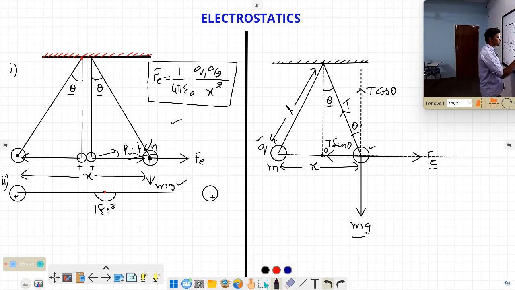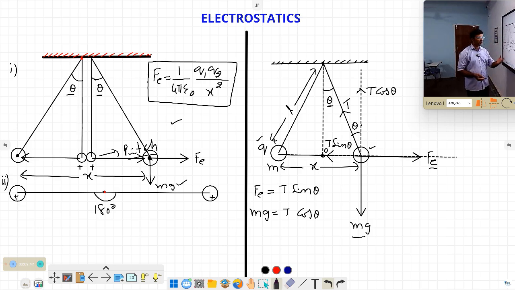According to horizontal equilibrium, the electrostatic force of repulsion between the two is balanced by T sin theta, because the two are pulled away like this, and T sin theta balances that. Similarly, the weight of the pith ball is balanced by T cos theta. These are the two most important formulas to understand: Fe is balanced by T sin theta, and the weight mg is balanced by T cos theta.